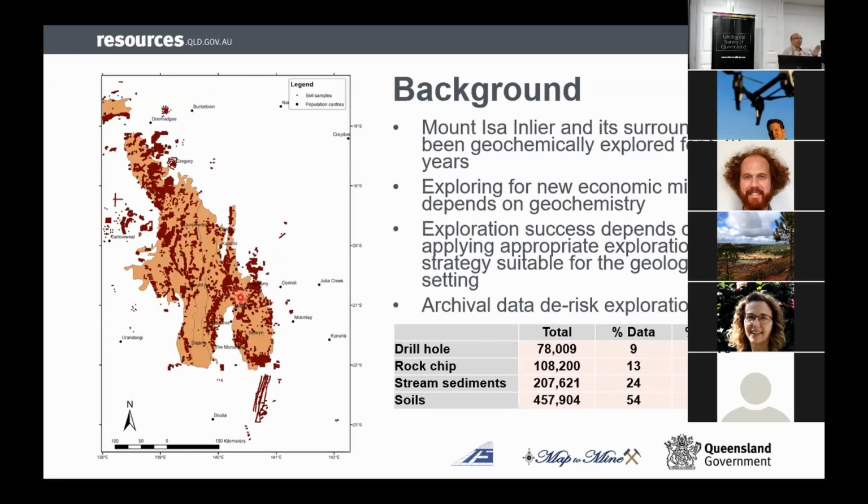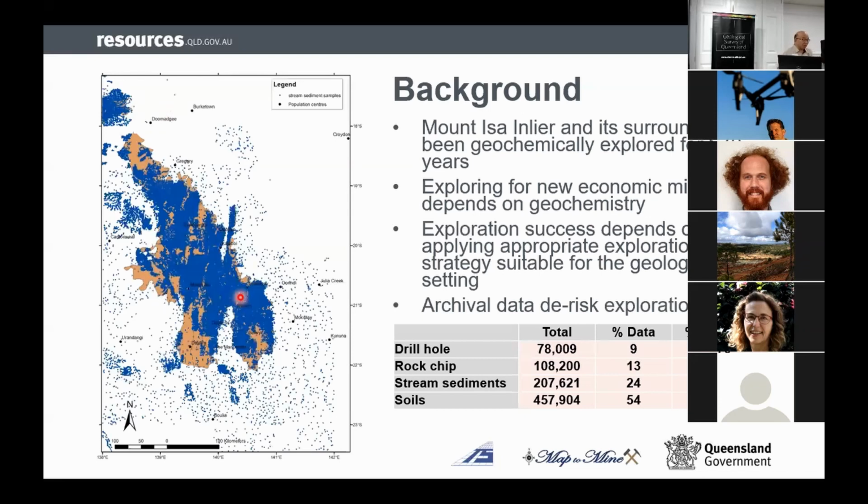The majority of the work is done on the exposed part of the Mount Isa, and very little is done outside. For stream sediment, a lot is done within, but there are some sites outside. It's questionable how useful stream sediments are for rocks undercover, and so you don't get much success with that.